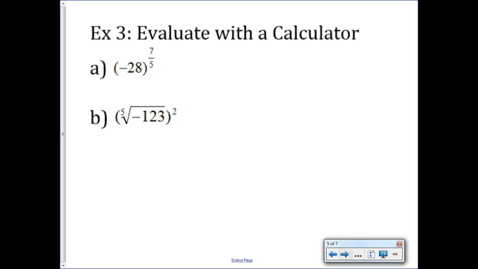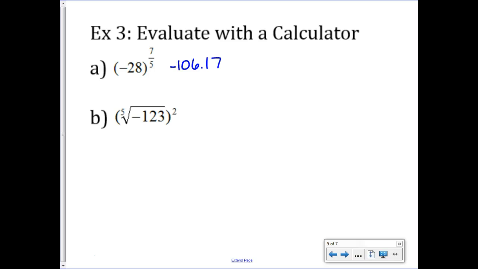All right, evaluate with the calculator means just put this directly into your calculator. So try to plug it in, make sure you're using parentheses correctly, make sure you're getting the same values that I am. If you're not, let me know in class and we can go over how to plug this in so that you are getting those values. So I get negative 106.17 here.